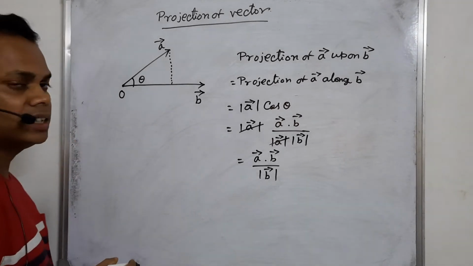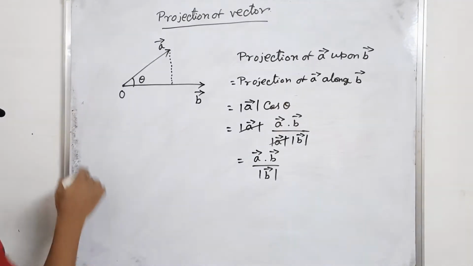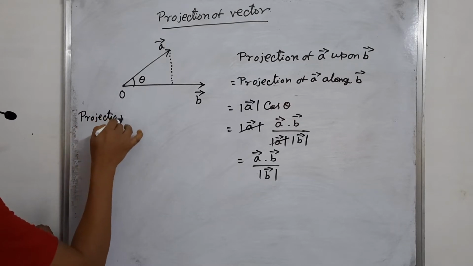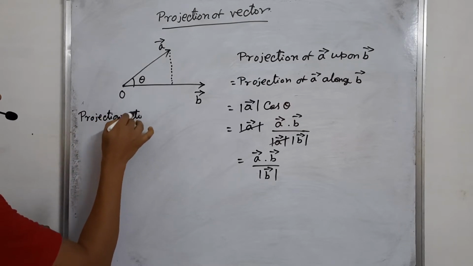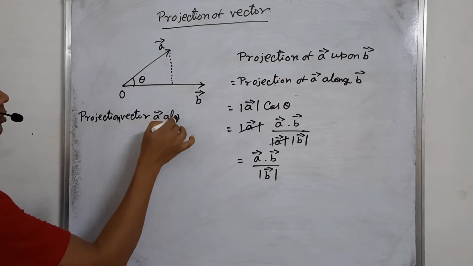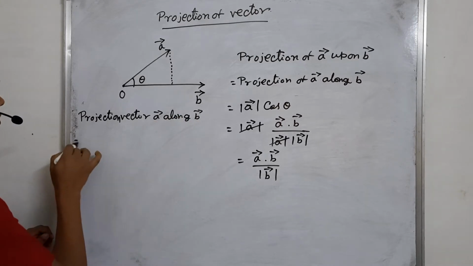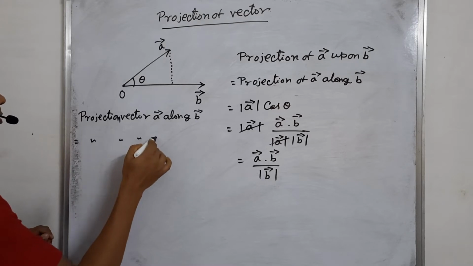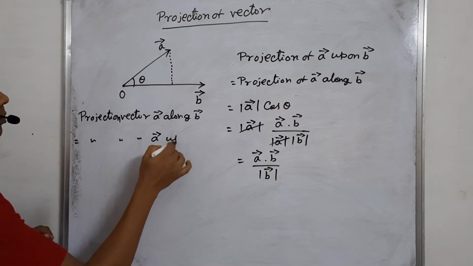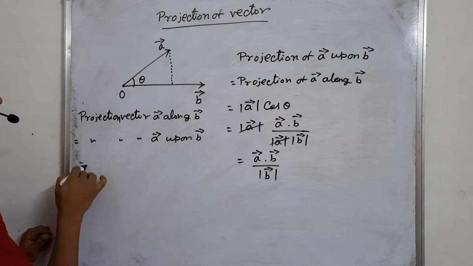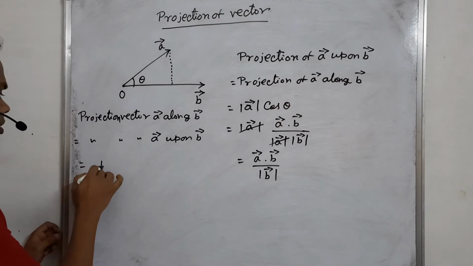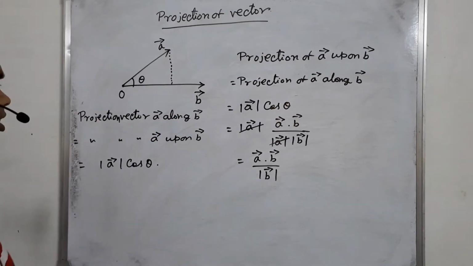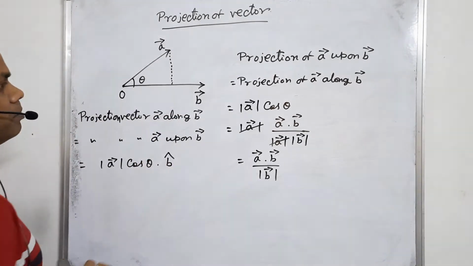And if we have to find the projection vector, with direction, then modulus of a cos theta is the magnitude, and in the direction of b we have to take b cap.